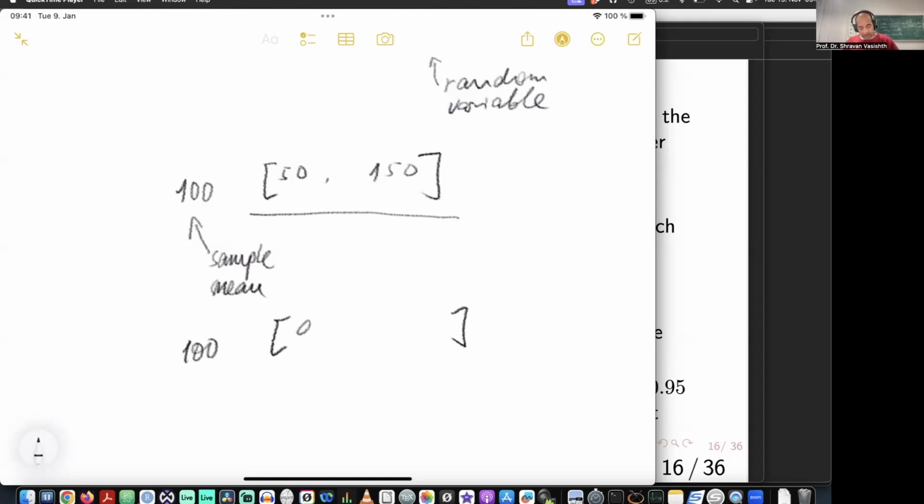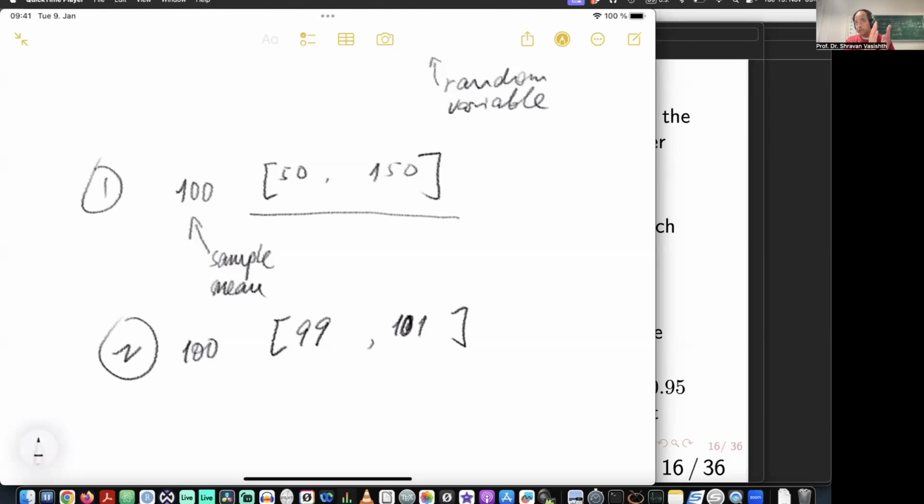But let's say your 95% confidence interval goes from 99 to 101, right? So now you have a very tight confidence interval around the sample mean. And what that's telling you is that unlike the first case, in the second case, we actually have a much, much tighter estimate of the sample mean. And that means there'll be very little variability if you were to repeatedly run this experiment.